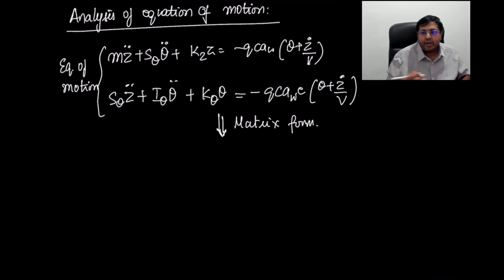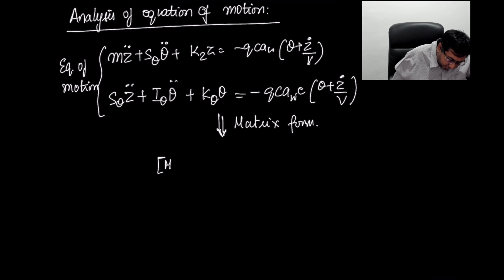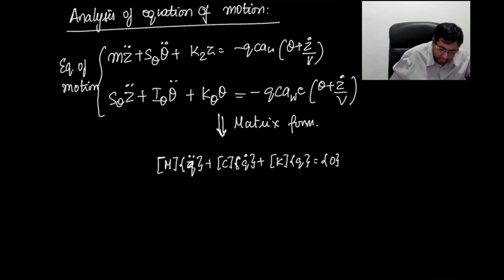I'm going to try to write this in a matrix form because we are all familiar with this form, right? We are familiar with M times q double dot plus C times q dot plus K times q equal to, let's say, 0. We are familiar with this form from our earlier course in vibration, for both free and forced vibration.